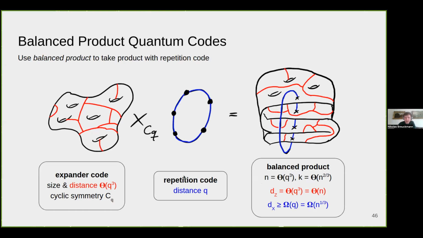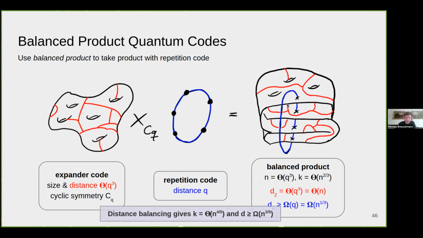However, the repetition code here is what limits us. This only has size q, because this is just an essential cycle going in this direction. But we can fix this by controlled tensor products with a different code, and this is called distance balancing, and this is how we obtain these parameters.